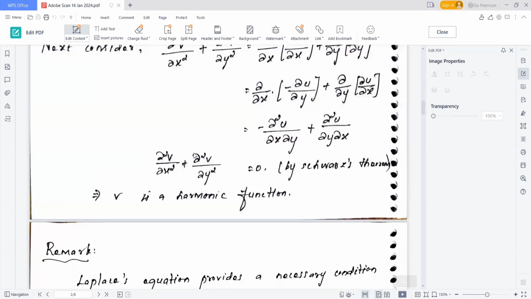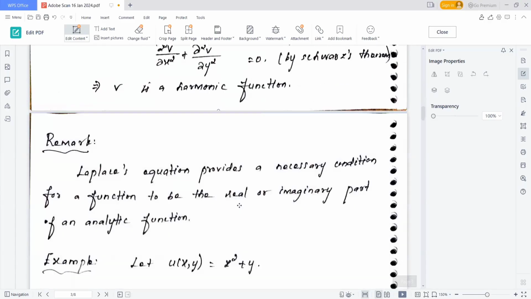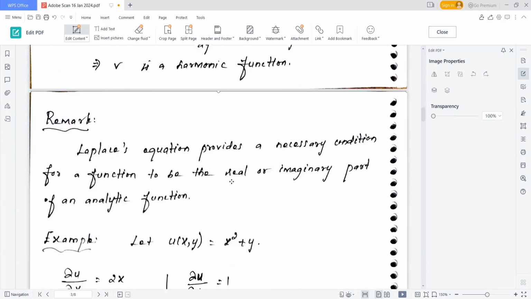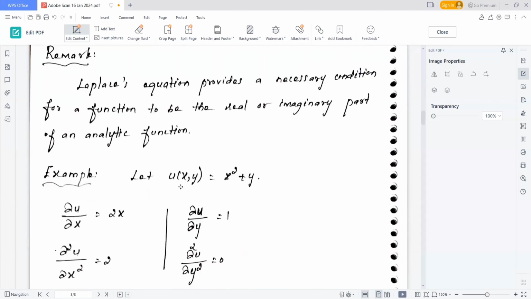So next, the remark. The Laplace equation provides a necessary condition for a function to be the real or imaginary part of an analytic function. So what does this mean? Suppose we are given the function u of x comma y or v of x comma y.